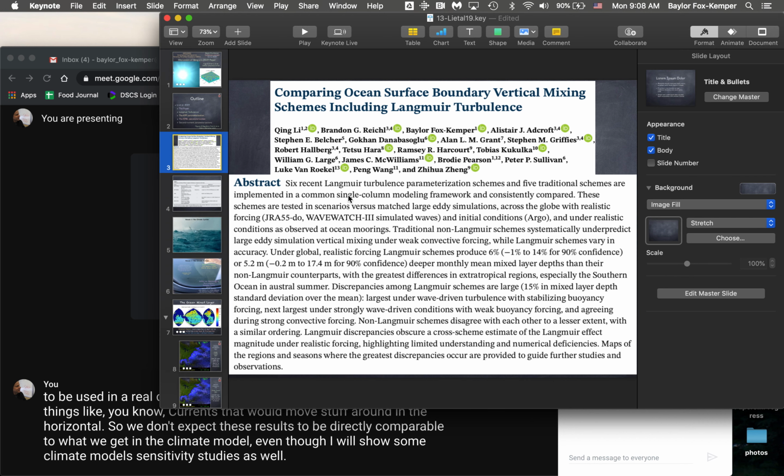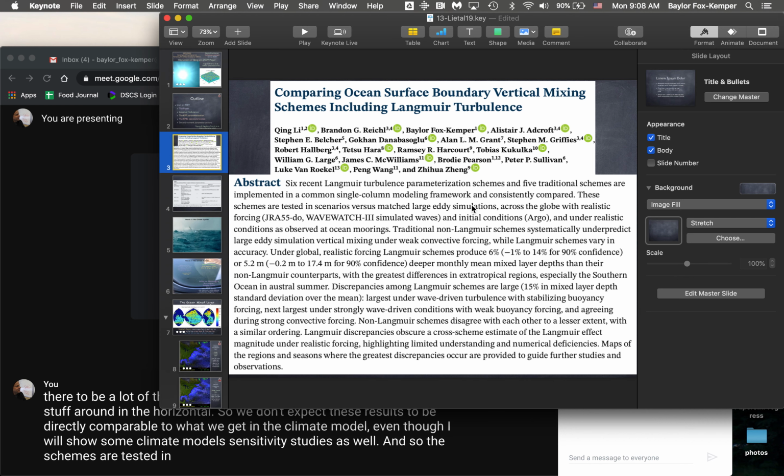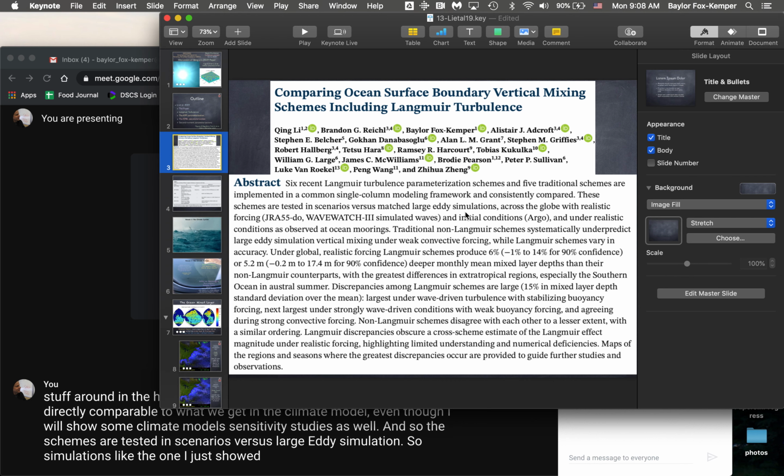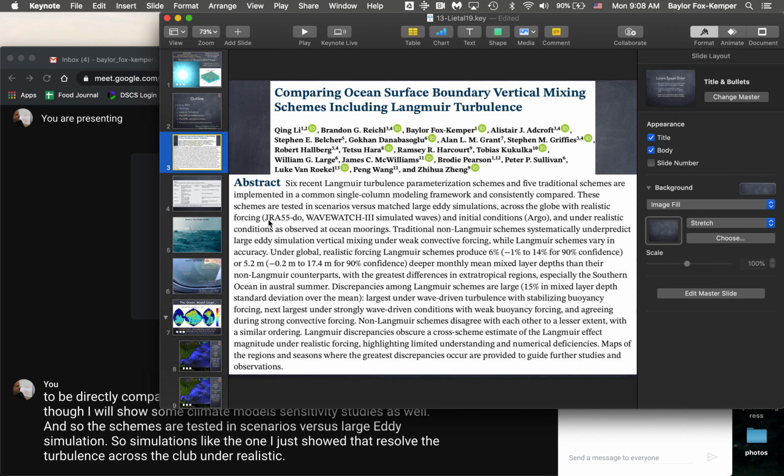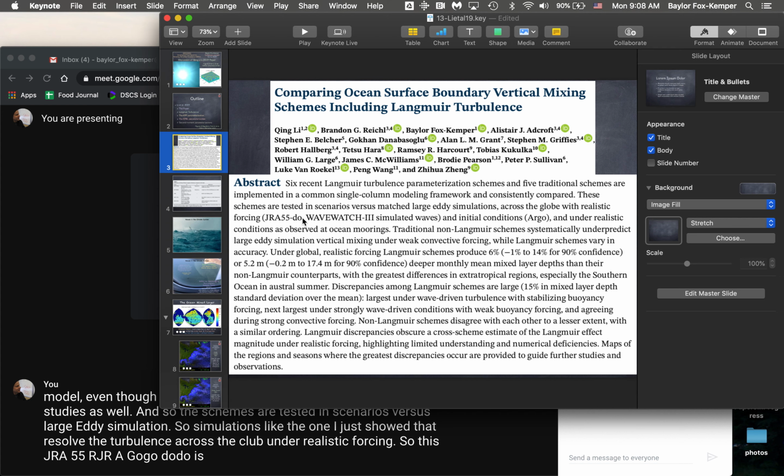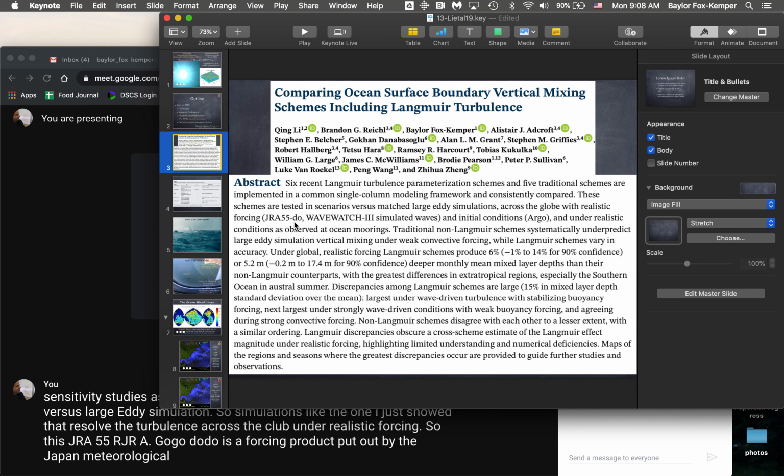And so the schemes are tested in scenarios versus large eddy simulations, simulations like the one I just showed that resolve the turbulence across the globe under realistic forcing. This JRA55 is a forcing product put out by the Japan Meteorological Agency.